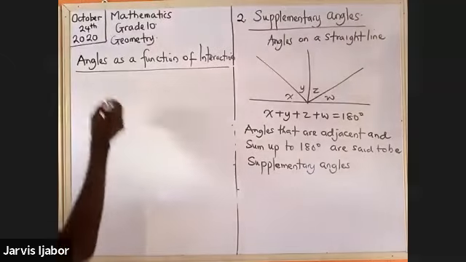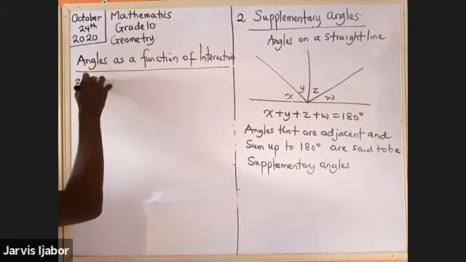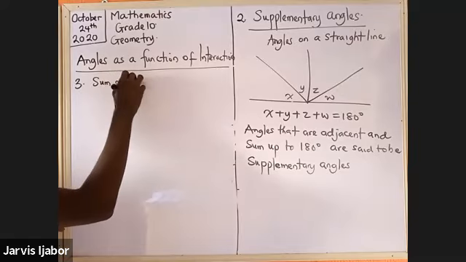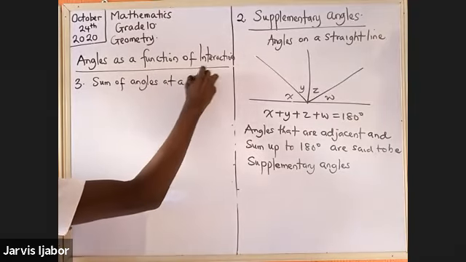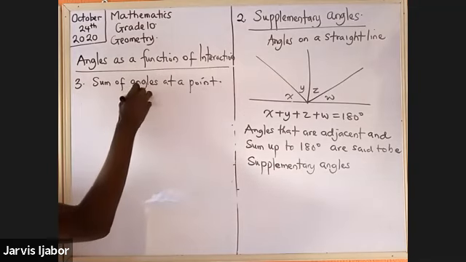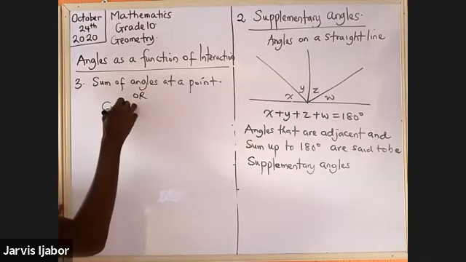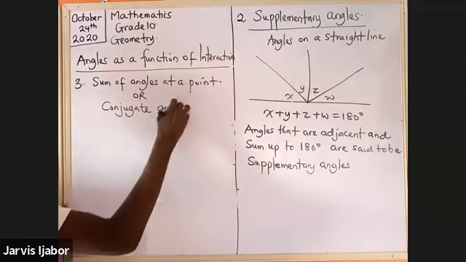Okay, the next one is what is called sum of angles at a point. Sometimes you could hear the word conjugate. It's not a very common term used, conjugate angles.